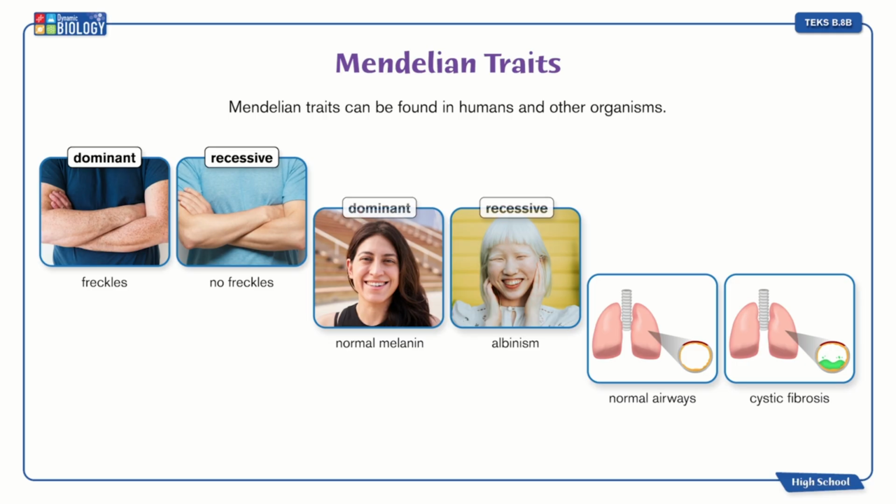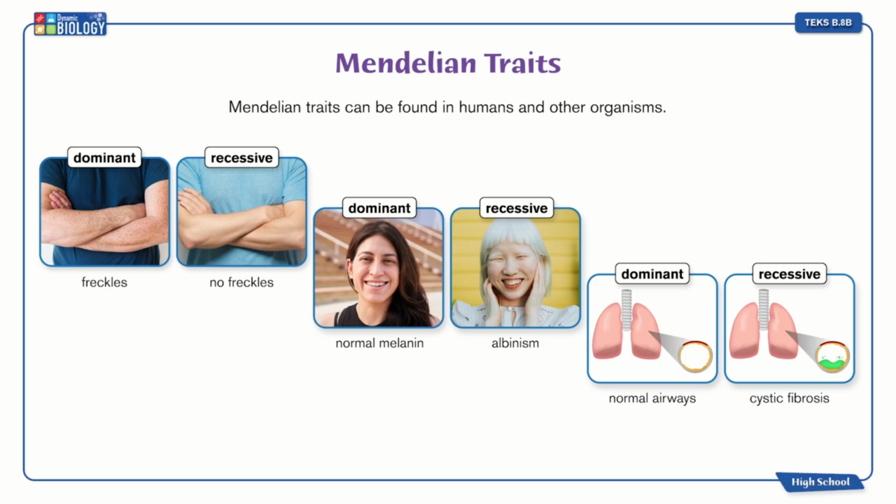The allele for normal melanin production is dominant to the allele for albinism. And the allele for normal mucus production is dominant to the allele for the disorder known as cystic fibrosis. These are just 3 of many examples of human traits that follow the Mendelian dominant recessive pattern of inheritance.